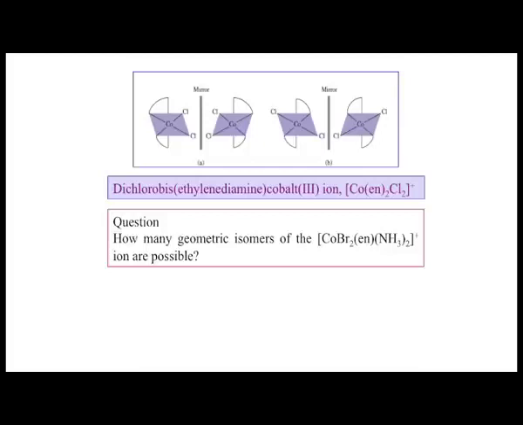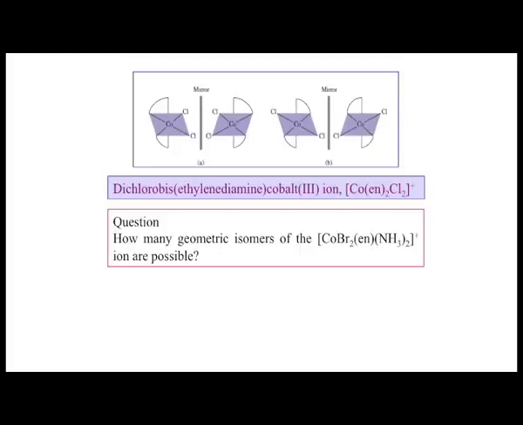So, what we get is the dichlorobis(ethylenediamine)cobalt(III) ion, CoEn2Cl2 plus. It will have a positive charge because the tripositive charge on the cobalt center is balanced by two chloride ions only, so the remaining charge on the complex cationic species is 1 positive. So, we will have these isomeric forms.